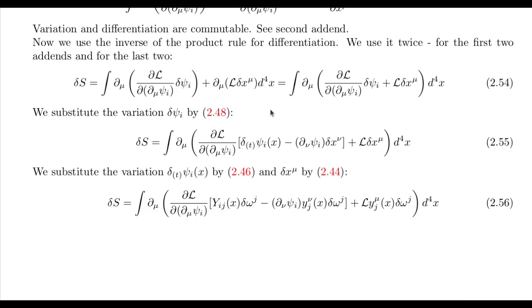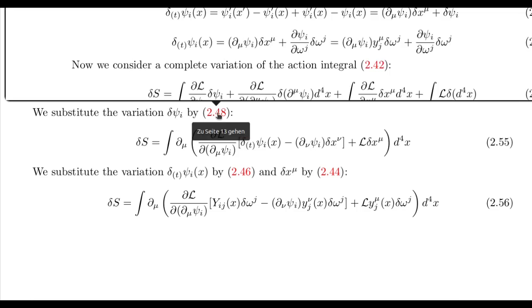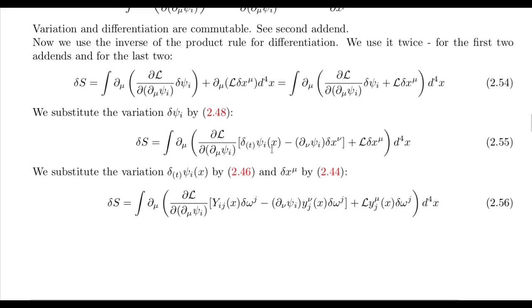Then we substitute the variation delta psi. So that means for delta psi we get the delta, the total variation, minus the expression with the delta x, and so we set in here this expression for the delta psi.